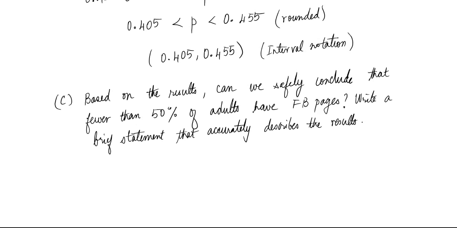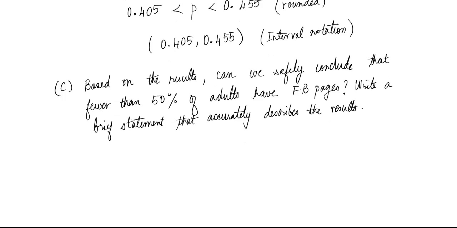So think about this. In part B, right, we got the confidence interval to give us 0.405 to 0.455, right? So if you go back to how we interpreted the confidence interval, we said we are 95% confident that this interval, 0.405 to 0.455, will actually contain the true population proportion.